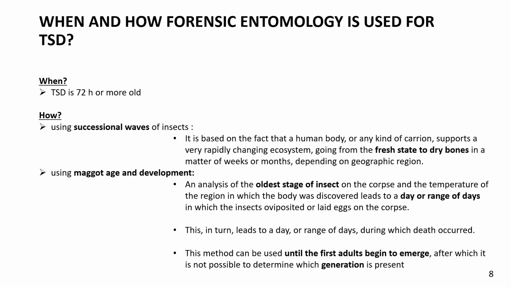An analysis of the oldest stage of the insect on the corpse and the temperature of the region in which the body was discovered leads to a day or range of days in which the insects oviposited or laid eggs on the corpse. This in turn leads to a day or range of days during which death occurred. This method can be used until the first adults begin to emerge. If the first adult emerges, we cannot find which generation is present, first or second generation.